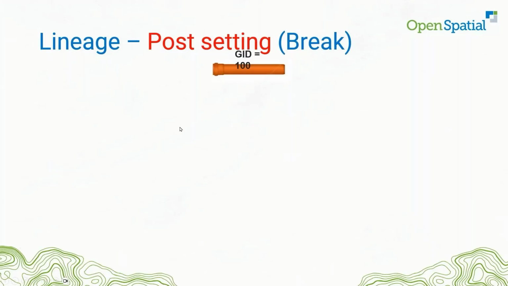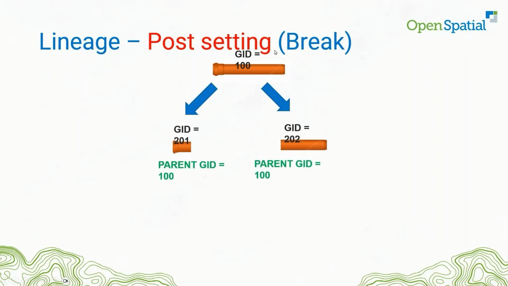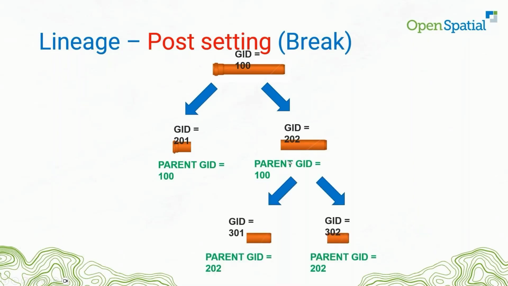So if we go and look at to say I'm going to post the data, so I've got the GID, two new GIDs, I've got the parent GID in there. Now what happens if I, in an edit session, I go and break this one pipe and then I go and break one of the subsequent pipes before it has been posted to the database.